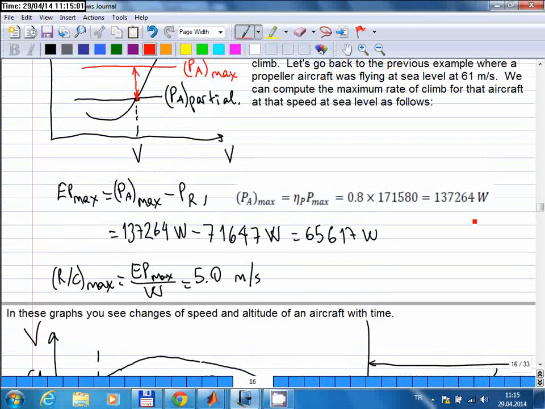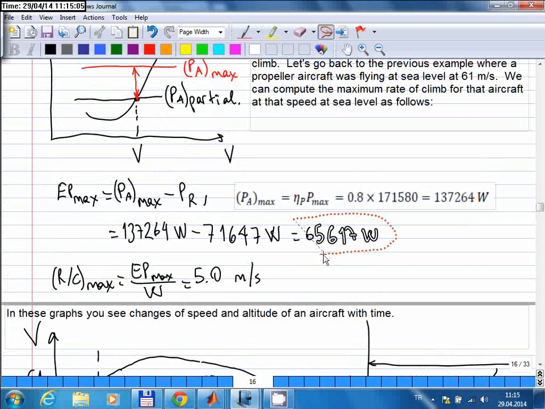Okay, so the excess power the aircraft gets in that case is this much. This is the full engine power that can be transmitted to flight, and this is obtained by the full power times the propeller efficiency.